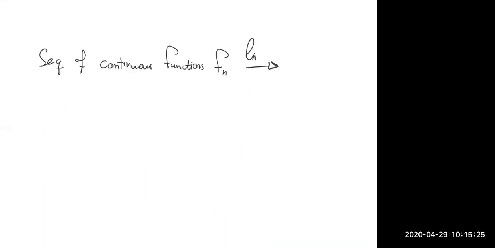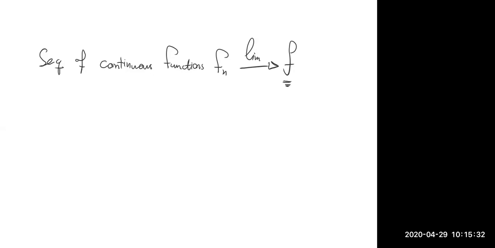So it is possible to have a sequence of continuous functions fn that converge to another function f where f is not continuous.